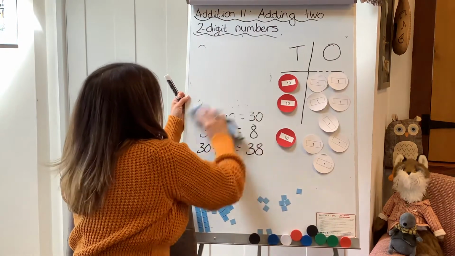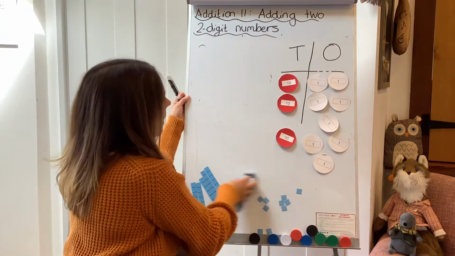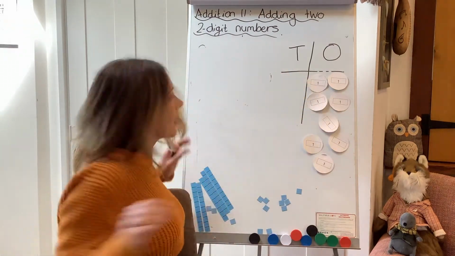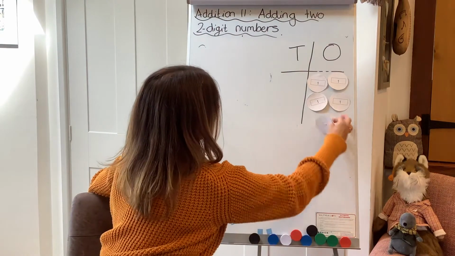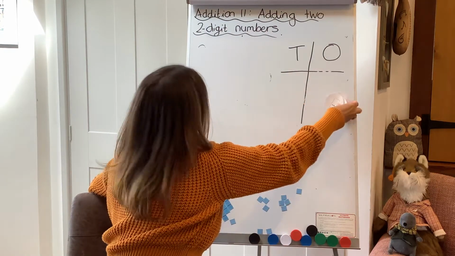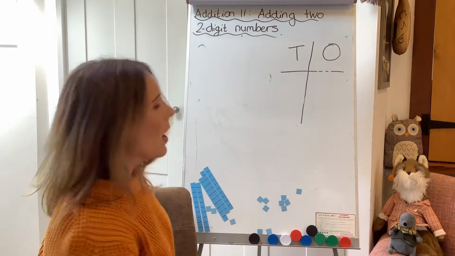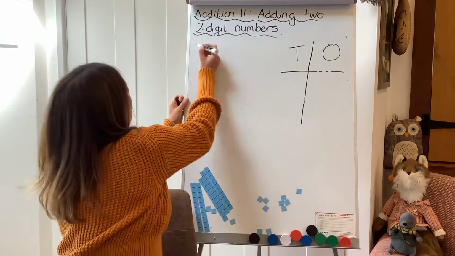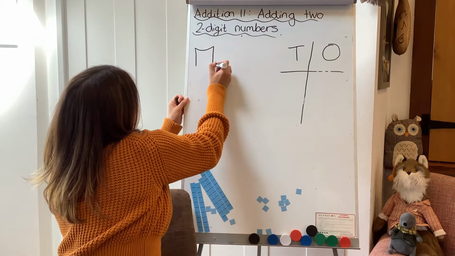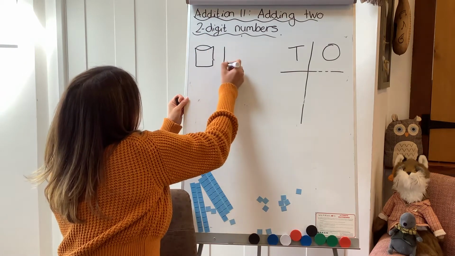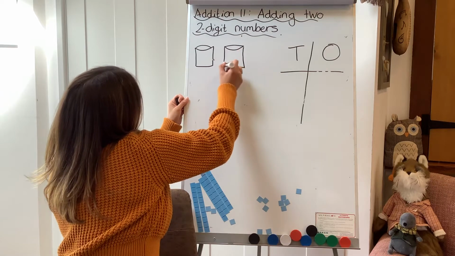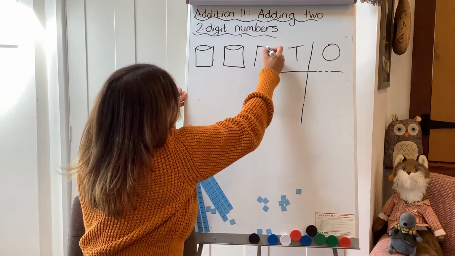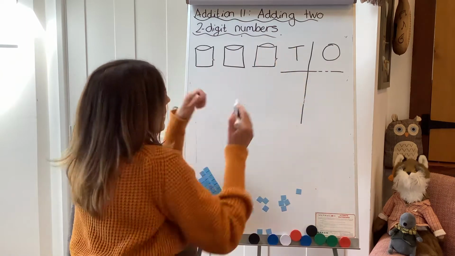Okay, so now we're going to have a go at solving some problems using these together. Okay, so we've got Ellie and Drew. Ellie and Drew have gone to the fairground and they're throwing bean bags into buckets. Okay, and there are 4 buckets and they have to try and get the biggest score they can to win a prize.